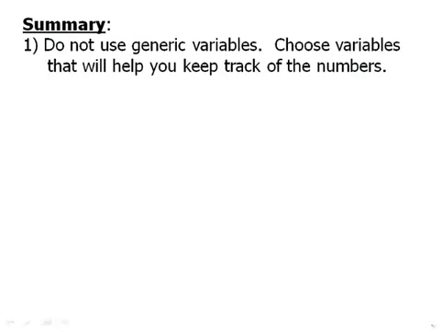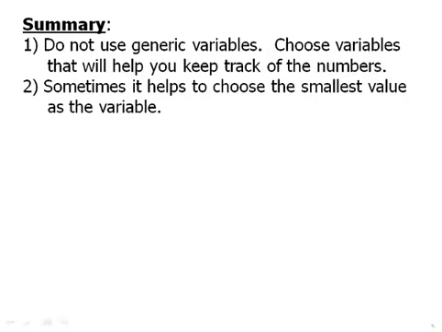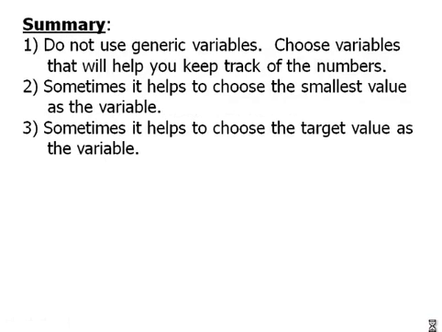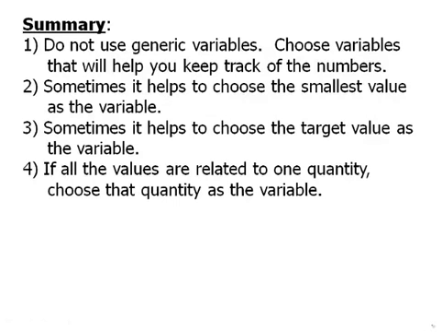In summary, do not use generic variables. Choose variables that will help you keep track of the numbers. Sometimes it helps to choose the smallest value as the variable, especially if everything else is related to that smallest value. Sometimes it helps to choose the target value as the variable. And if all the quantities are related to one quantity, choose that quantity as the variable.